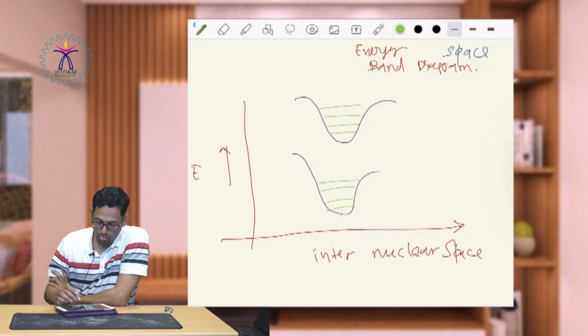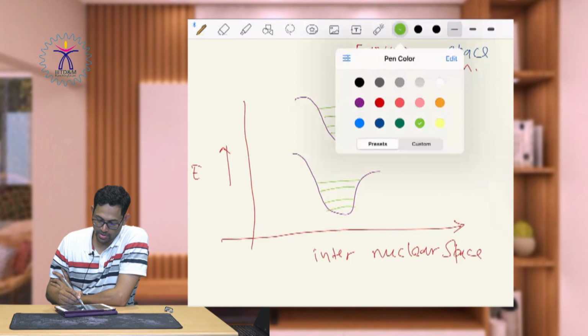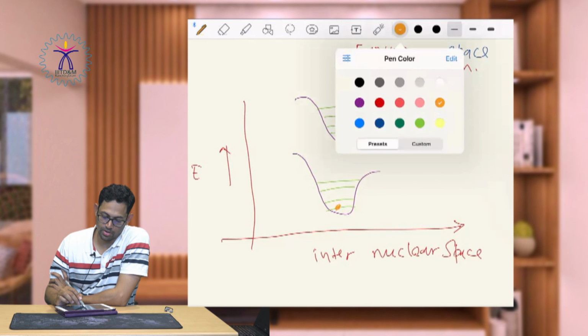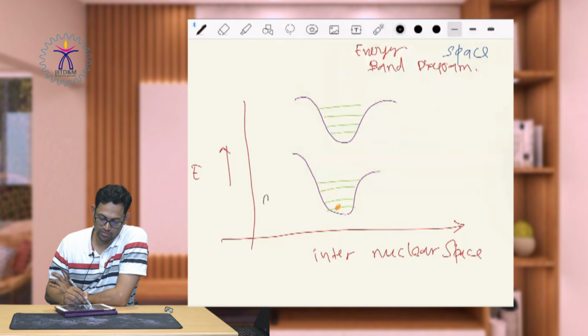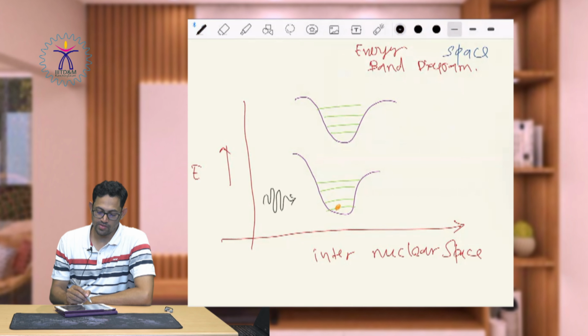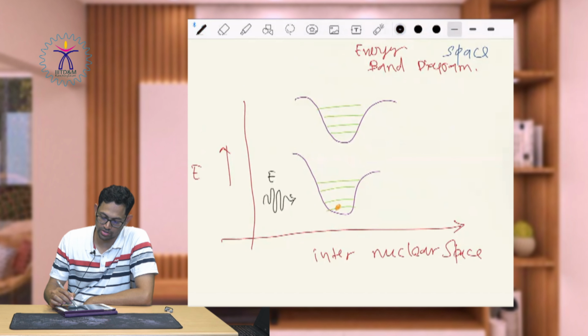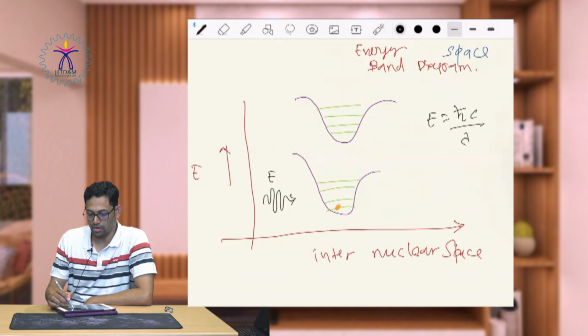Okay. Now let us assume that the electron is sitting somewhere over here, and you give a photon of a particular energy. Okay, so we are giving a photon, that is a packet of energy, and that has a particular energy, and you know that energy is nothing but hc by lambda, right.